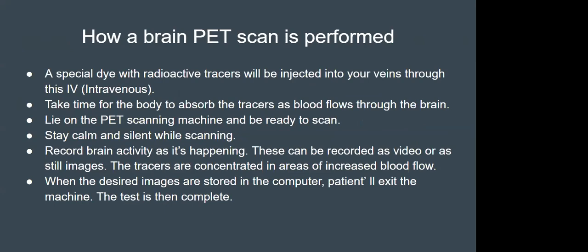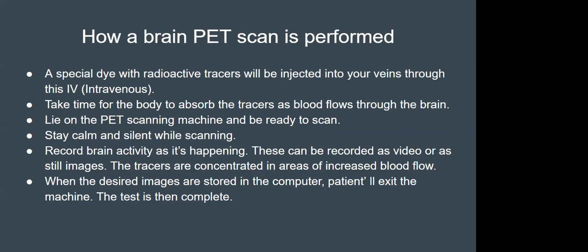So how is a brain PET scan performed? The first step is that a special dye with radioactive tracers is injected into your veins through an intravenous line.